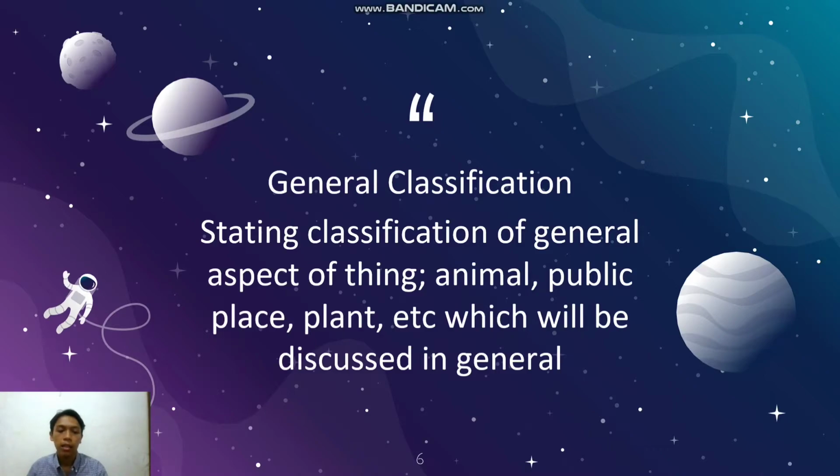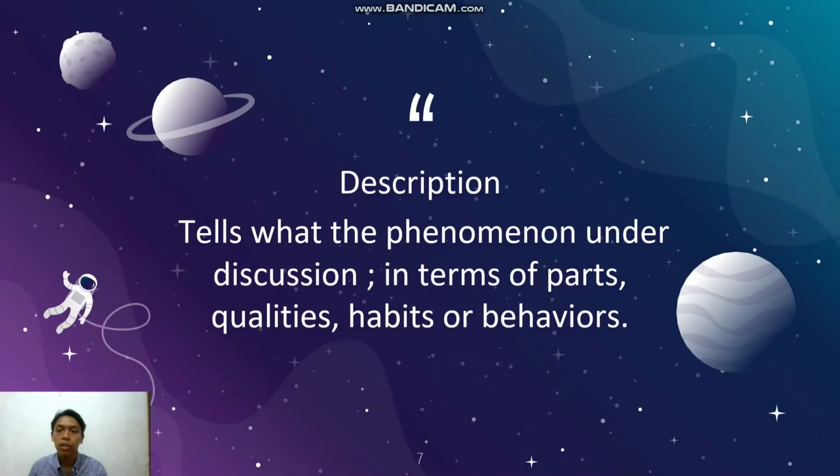Okay, next is the description. Description tells what the phenomenon under discussion is like in terms of parts, qualities, habits, or behaviors. In this part, the writer must give more detailed information.